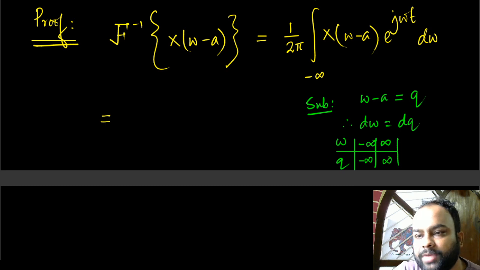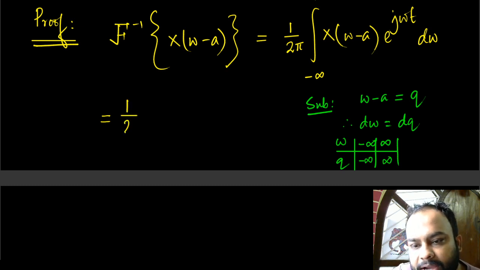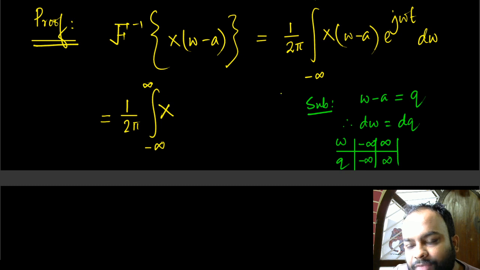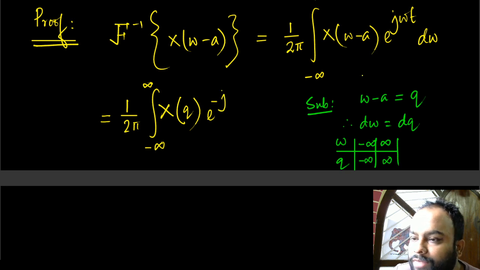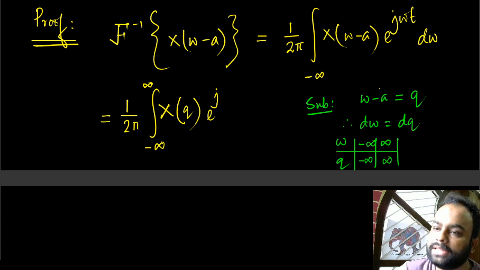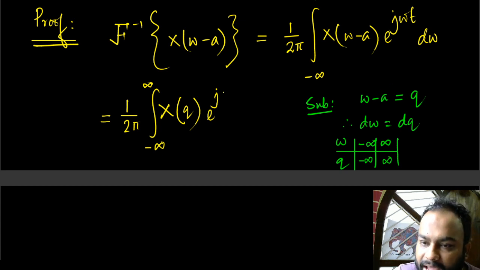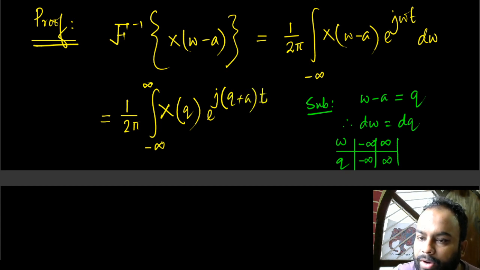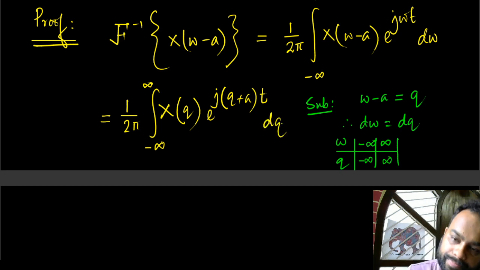So if I do the substitution, I have 1 by 2 pi, integration from minus infinity to infinity of X(q), and e to the power j, instead of omega, I have q plus a, times t, and instead of d omega, I have dq.